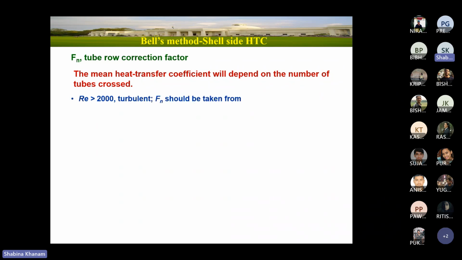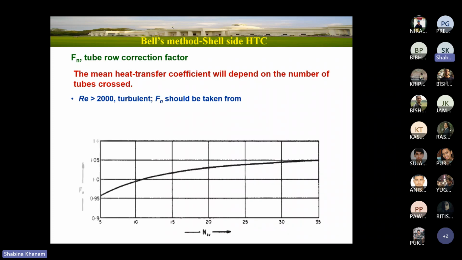Because it depends on the flow, if the Reynolds number is more than 2000 we consider it turbulent, and Fn should be taken from this graph. This is for the turbulent zone, greater than 2000. However, we have discussed that on the shell side turbulence is achieved at a very low Reynolds number, like more than 200 or so.